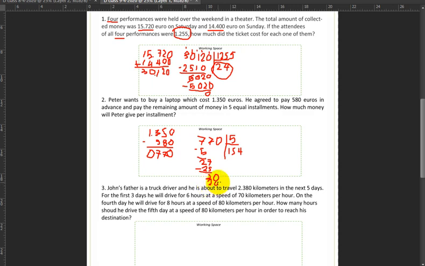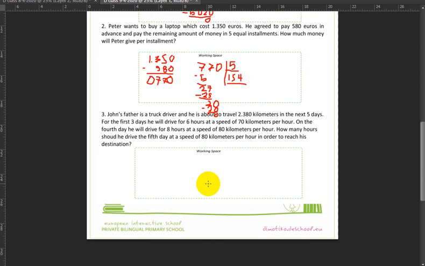When I do this subtraction, I'm going to get 0. So each payment is going to be 154 euros.